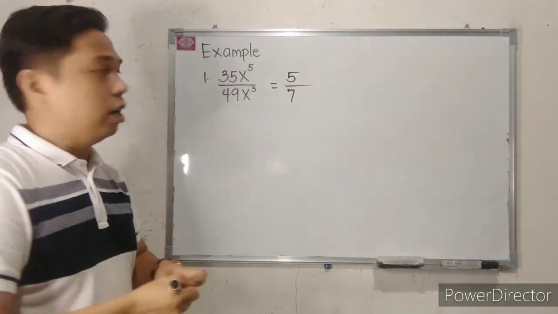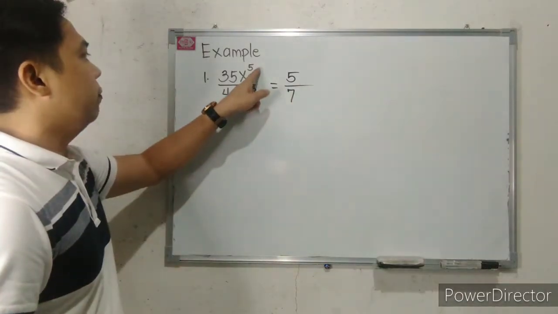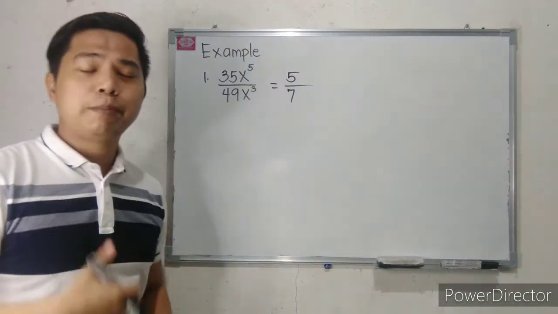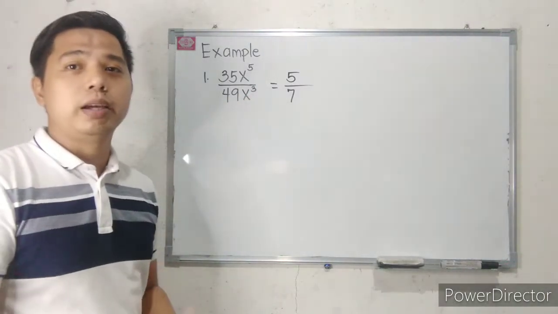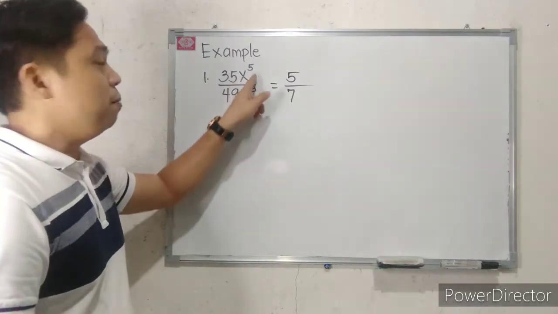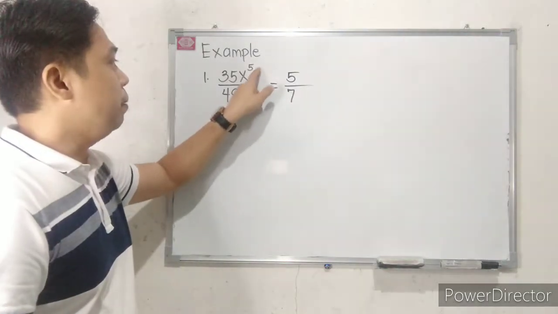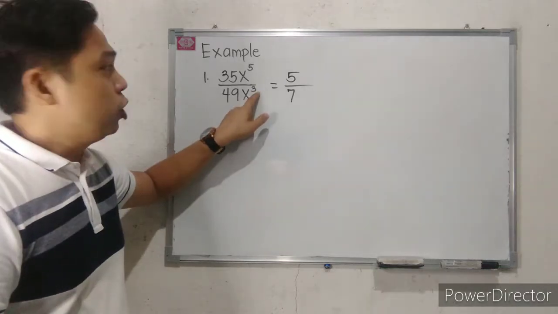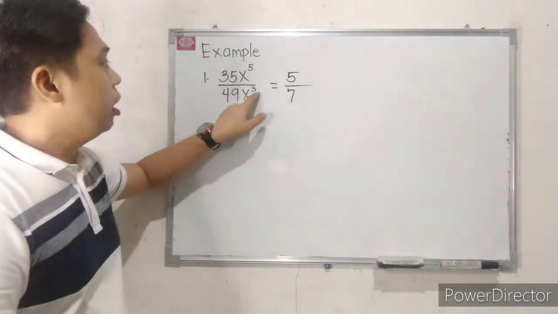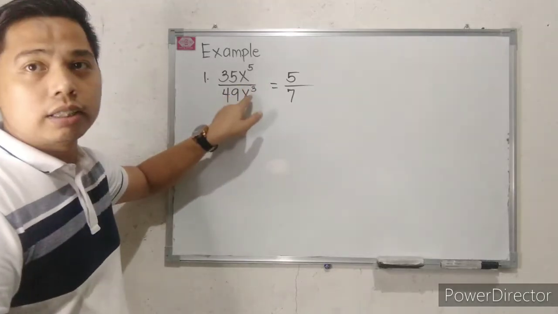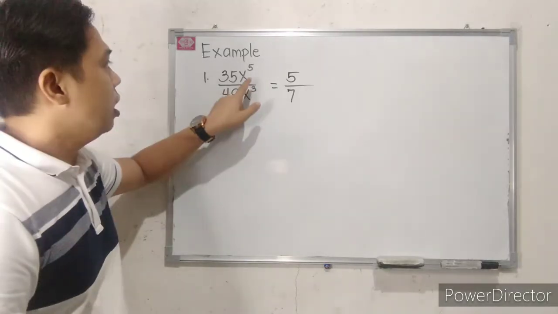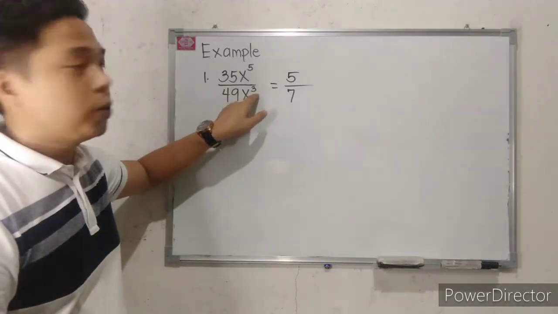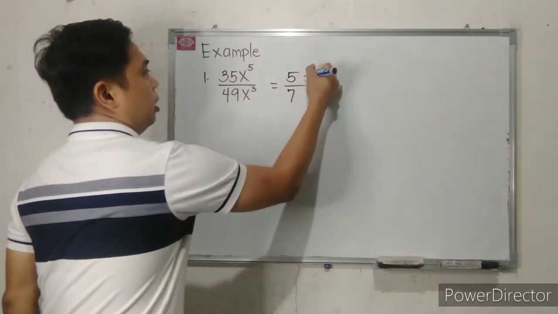Now, let's take a look at our x to the fifth and x cubed. We learned, class, that when we divide the same base, for example, x to the fifth divided by x cubed, we just subtract the exponent of the denominator. Meaning, 5 minus 3 is equal to 2.